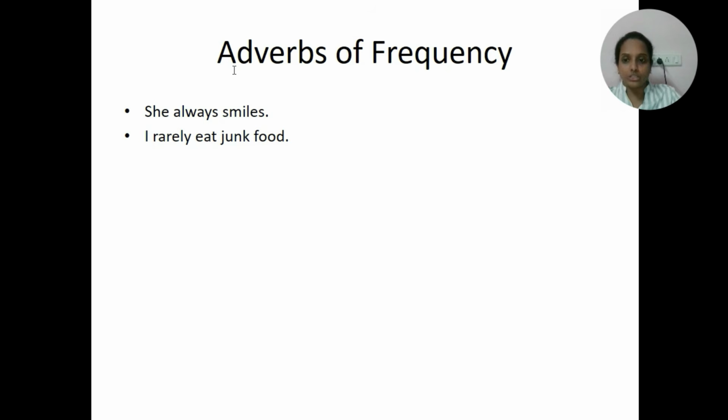Always is the adverb. I rarely eat junk food. Yes, so here again, rarely is the adverb. So words like never, sometimes, usually, often, daily, these are some of the examples for adverbs of frequency because it tells you how frequently, either usually, often, daily, rarely, something happens.